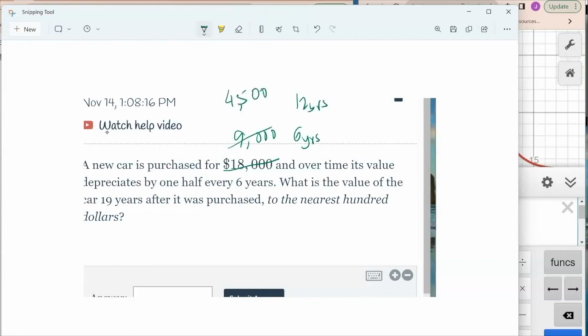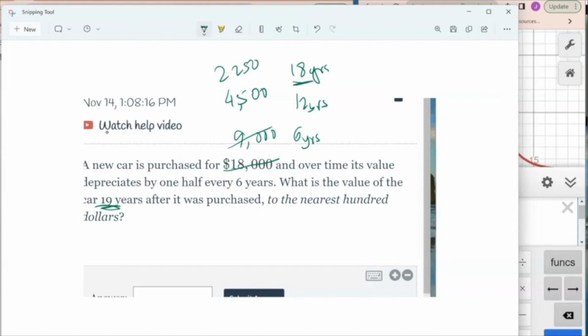That's what the question is saying. But it's not asking for your answer in 6 years or in 12 years. Instead, it's asking about 19 years. 6 years from now will be 18 years. Half of that will be 2250. That's not quite 19, so it's going to be close to this number, but not quite 19.